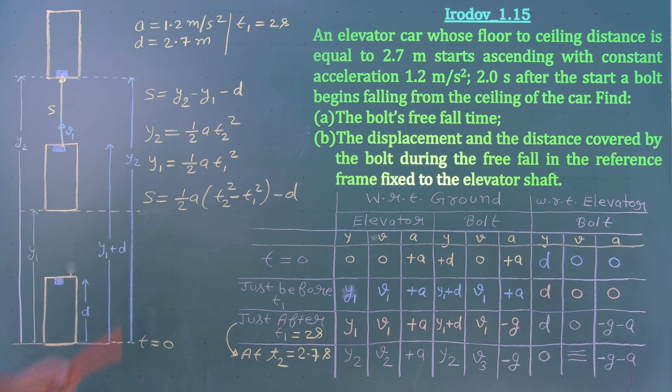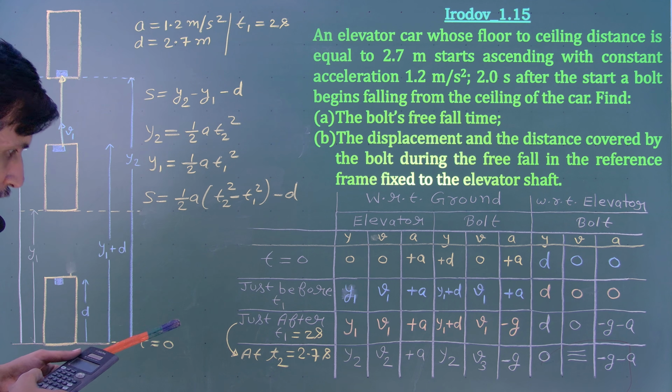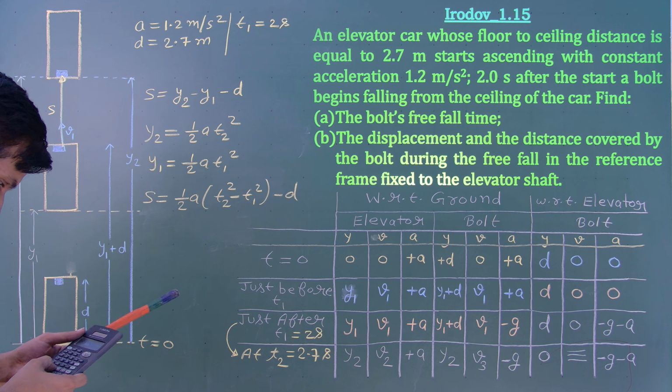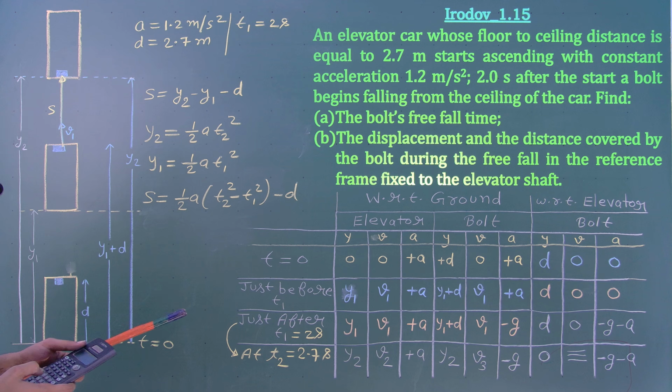We know all the values, so I can calculate the displacement. It is a by 2, means 0.6, into (2.7 square minus 2 square) minus d.